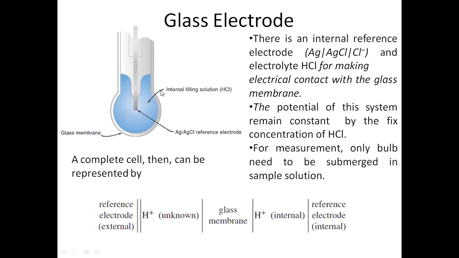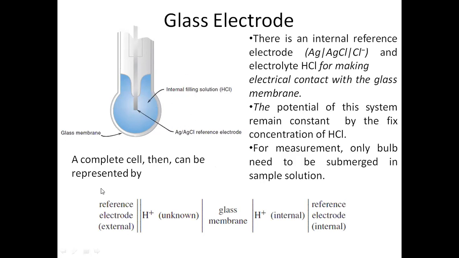This is the glass membrane which holds the acidic solution of known concentration, and one standard electrode is immersed in that acidic solution. So this is just the formation of the glass electrode.